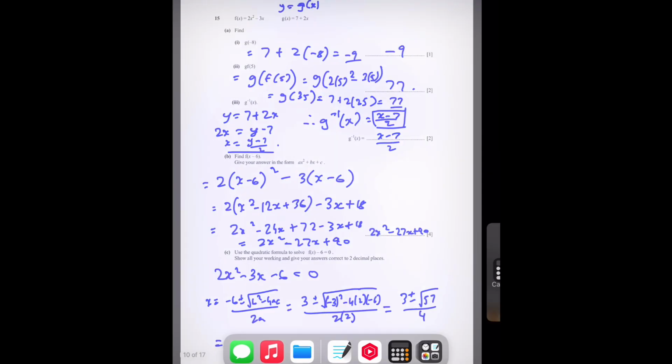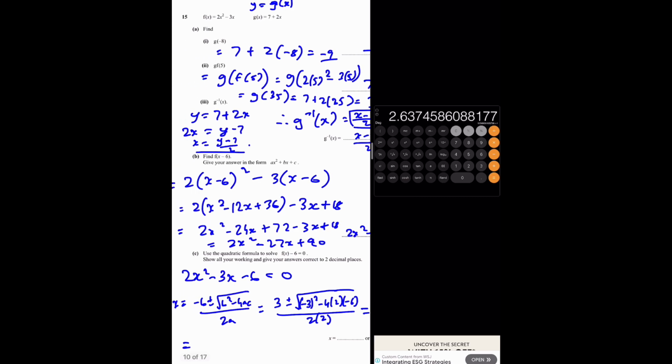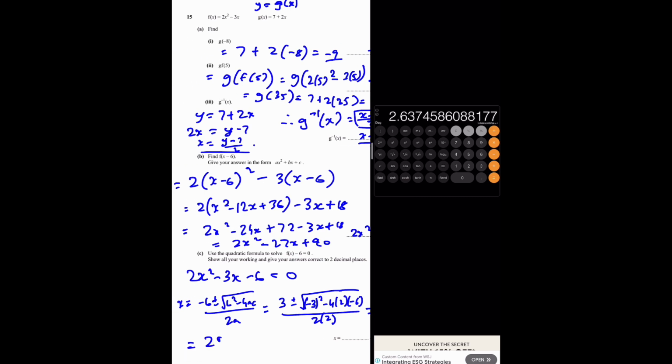So, doing this, we get 3 plus or minus the square root of 57, over 4. And we can calculate this using our calculator. Doing that over here. Let's do 3 plus root 57 first. So take square root 57 plus 3, divide by 4. So the first value will be 2.64 to 2 decimal places.